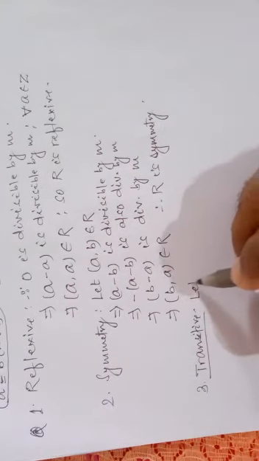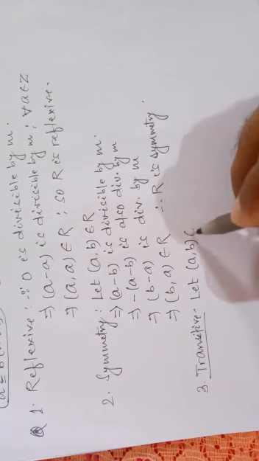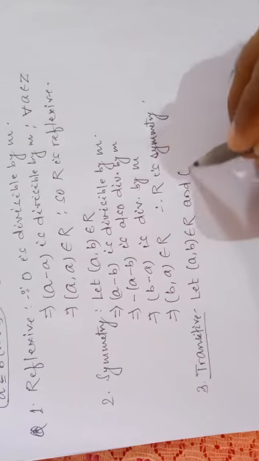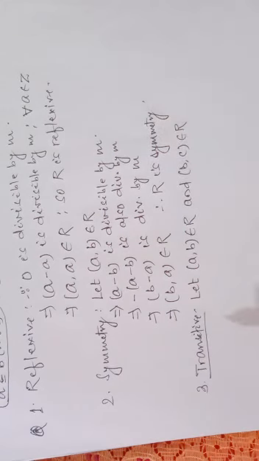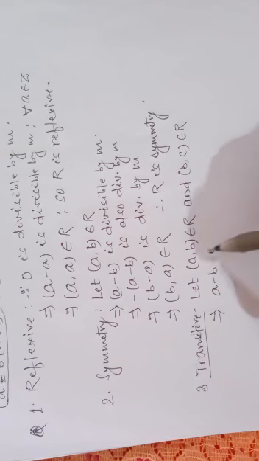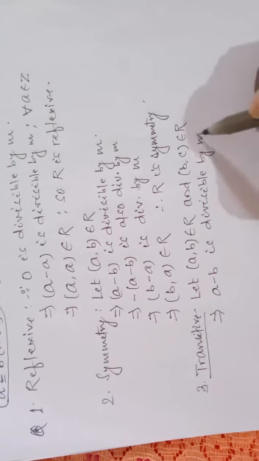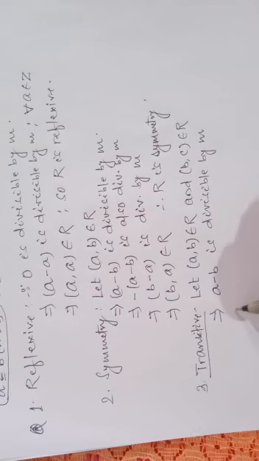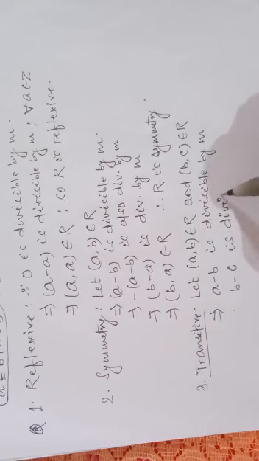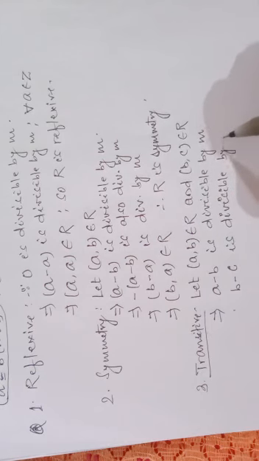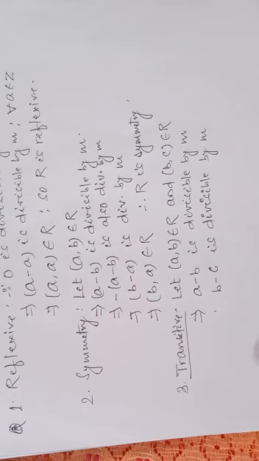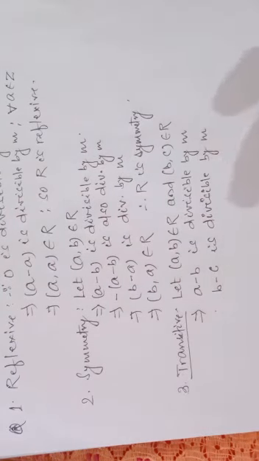As you know, let (A, B) belongs to R and (B, C) belongs to R. Then we will prove (A, C) belongs to R. So (A, B) belongs to R means A minus B is divisible by M. Similarly, (B, C) belongs to R means B minus C is divisible by M. If two numbers are divisible by the same number, then their sum will also be divisible by the same number.